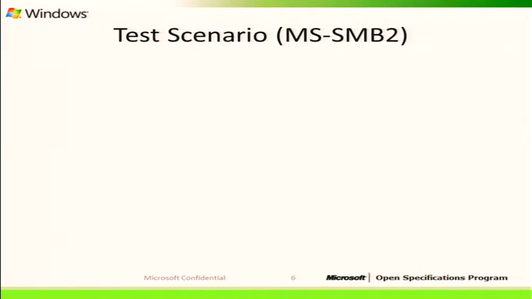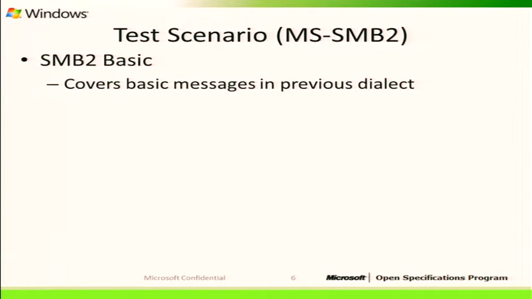In the test scenarios of SMB2, we grouped several categories for our test cases. First, we have the basic group to cover basic message sequences in previous dialects, such as SMB 2.1 dialects.